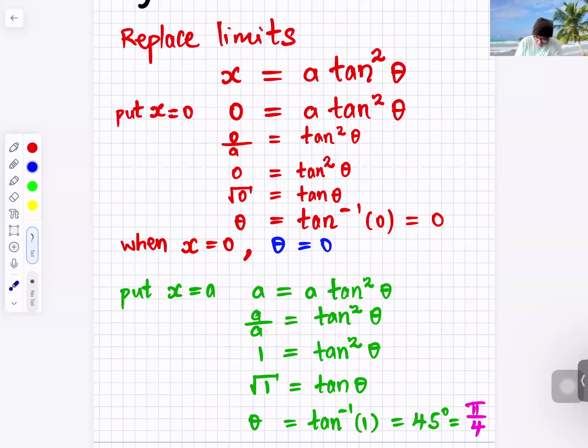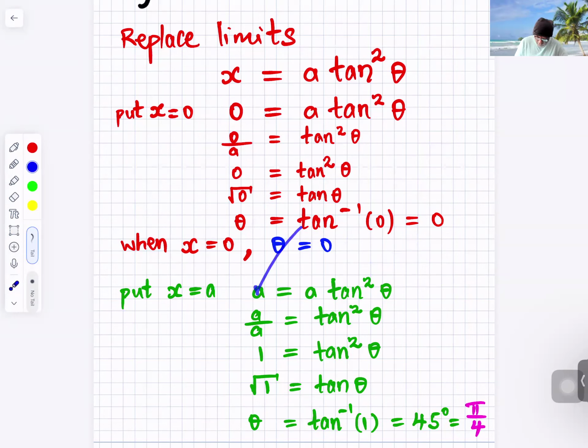Square root of 0 is 0. So theta is inverse tangent of 0, which is 0. So when x is 0, theta is 0. This is where we are changing the limits. The limit was 0 for x. Now theta is 0.